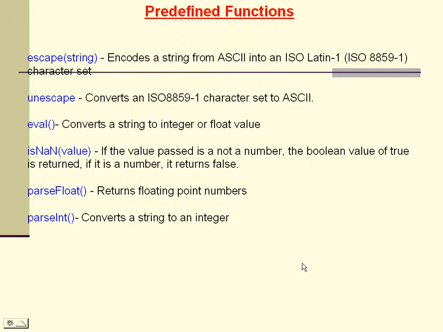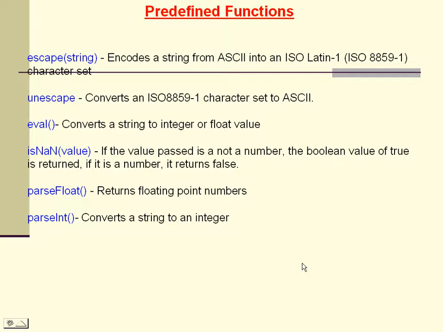These are some of the predefined functions available in JavaScript. Escape. This is used to convert the ASCII characters into ISO Latin standard characters. Unescape. This is used to convert ISO standard characters to ASCII characters. Eval. This is used to convert the string into integer or float values. isNaN, or is not a number.